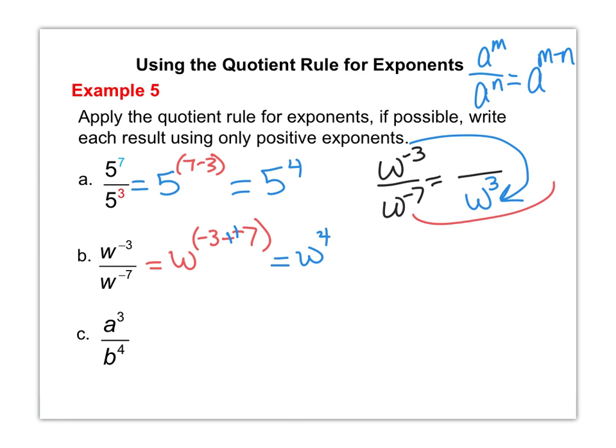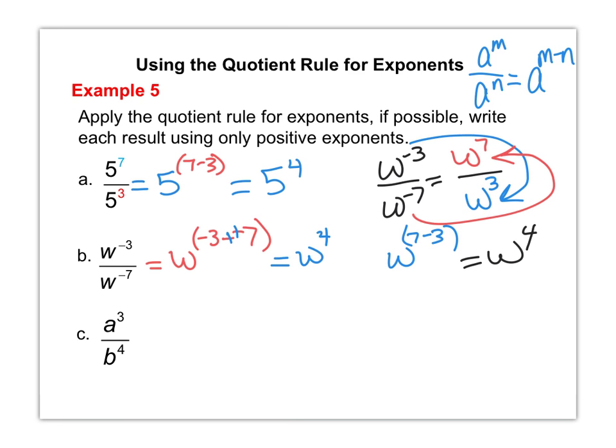This w to the -7, we're going to write it as a w to the +7. And then we can apply the quotient rule. Since the bases are the same, we can subtract the exponents, and we can write this as w to the 7 minus 3, which simplifies to w to the 4th.